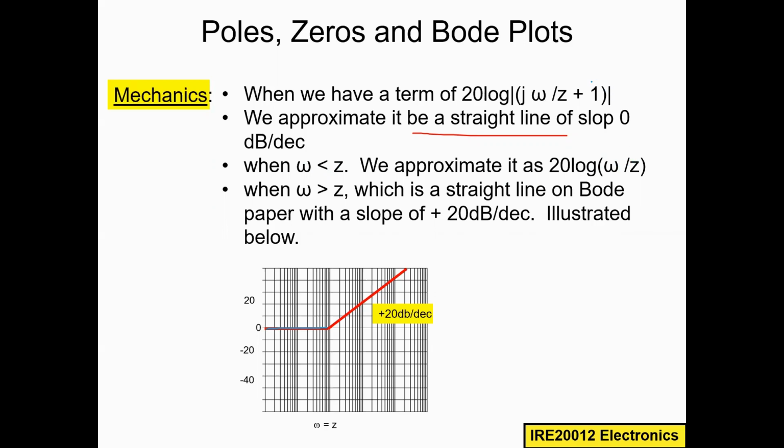So the 1 is gone. Then we have a term like this, which is also a straight line on Bode paper with a slope of plus 20 dB per decade. This is how you have to represent this Bode plot.